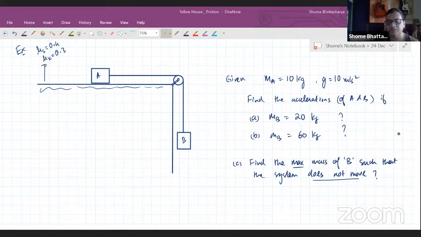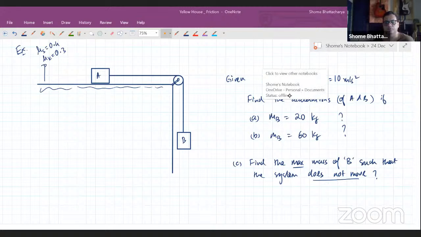Hence, the question is pretty straightforward. The mass of B is given as 20 kg in this situation in part A, whereas the mass of block A is 10 kg.